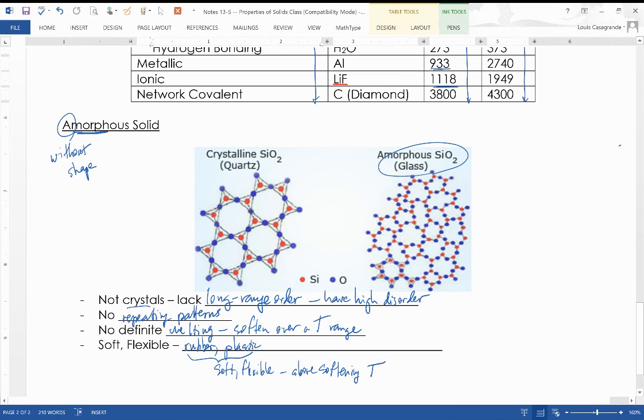And in fact, you can take a rubber ball and put it into liquid nitrogen, cool it off, and it will become hard and rigid and it will shatter. And as I said up above, glass, which is amorphous, SiO2, silicon dioxide, otherwise known as silica. All right, so this is our look at properties of solids, and I hope everything is going well for you.